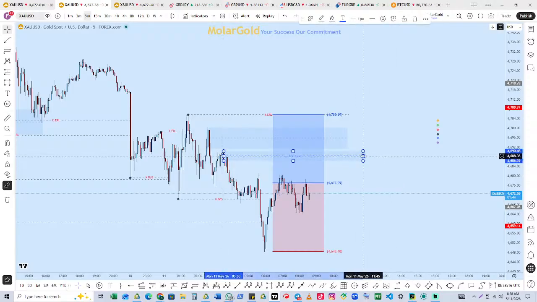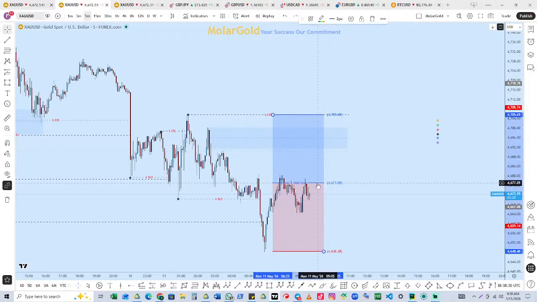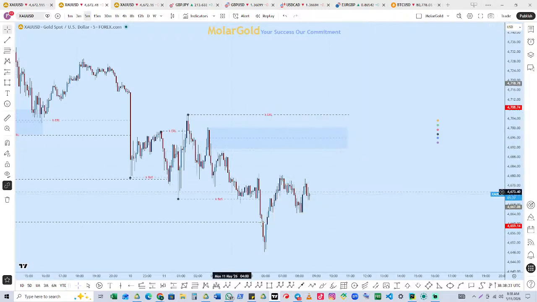But usually, when the two levels are at almost the same area, I would use the most reliable one. So this is the only area that if I want to sell, I can sell. In fact, I did that mistake again. Let me do it properly.